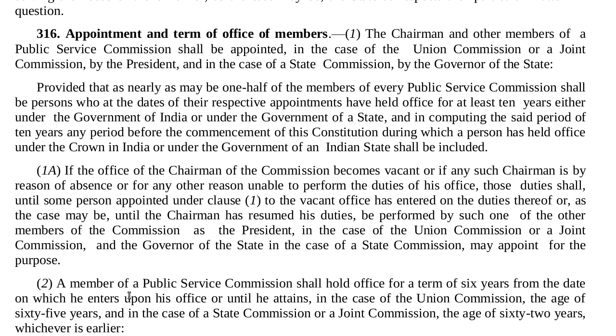2. A member of a public service commission shall hold office for a term of 6 years from the date on which he enters upon his office, or until he attains, in the case of union commission, the age of 65 years, and in the case of a state commission or a joint commission, the age of 62 years, whichever is earlier.